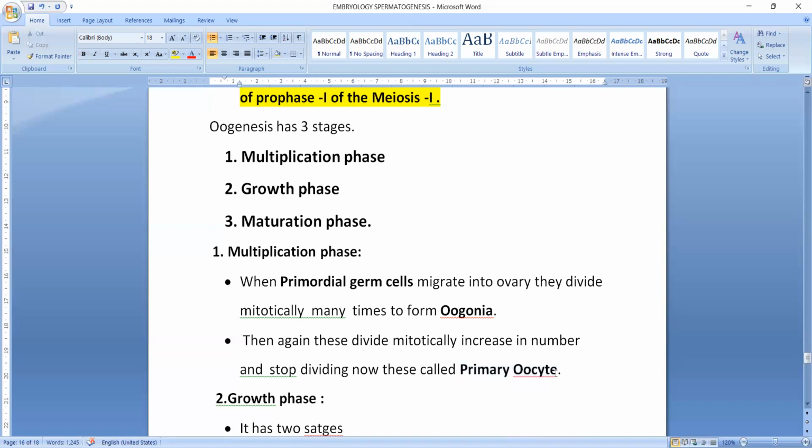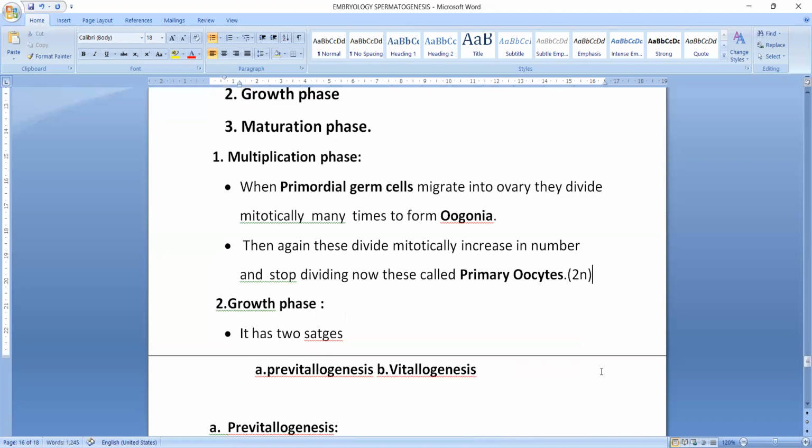So after oogonia, primary oocytes are formed. These are still diploid cells. Primary oocytes are still diploid cells. Then comes the growth phase.